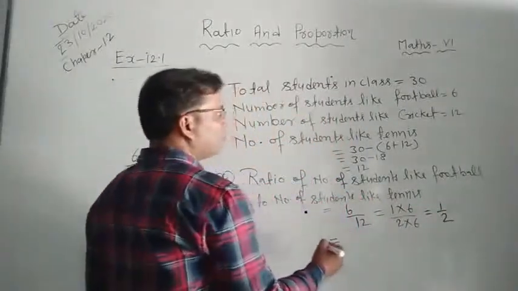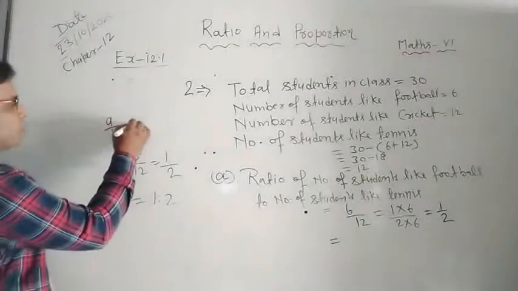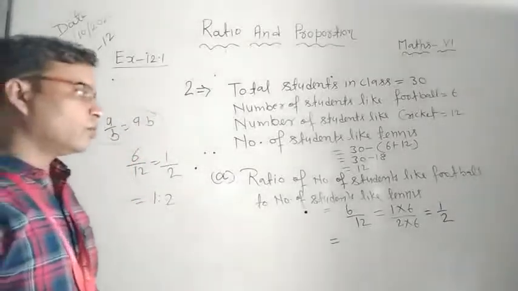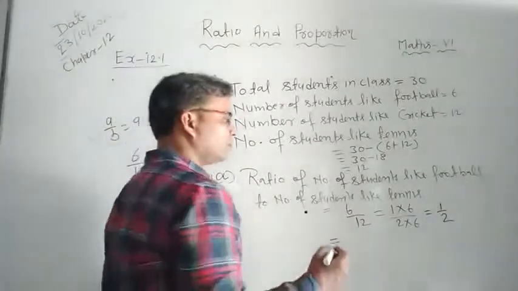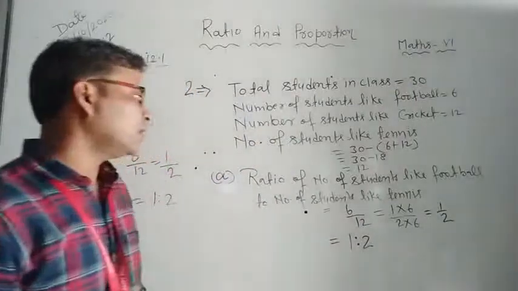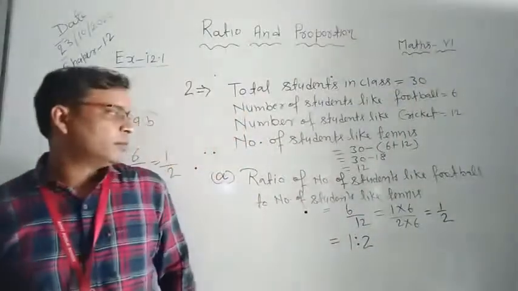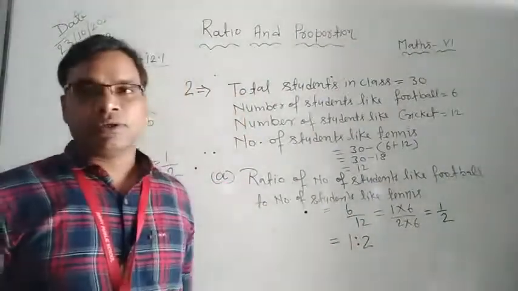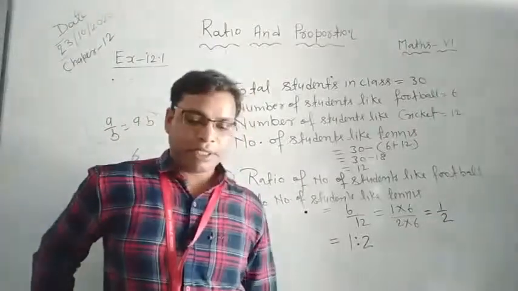You know very well A by B is equal to A ratio B, so 1 by 2 you can write as 1 ratio 2. This is the ratio of the number of students who like football to the number of students who like tennis. Next part is given here.